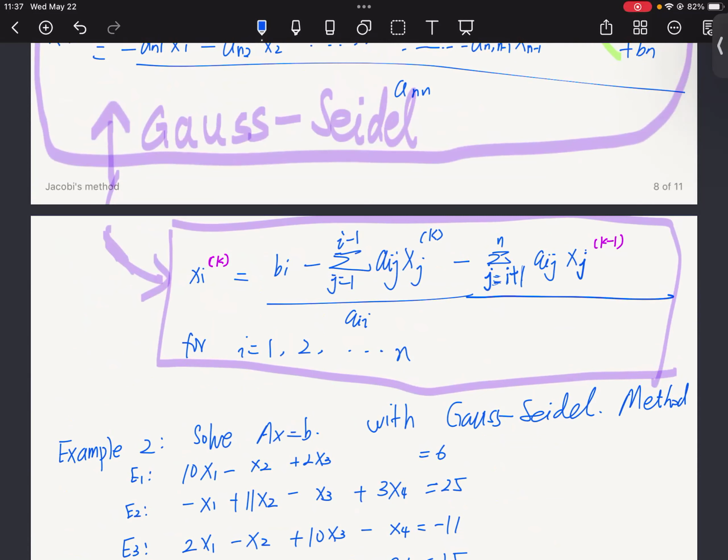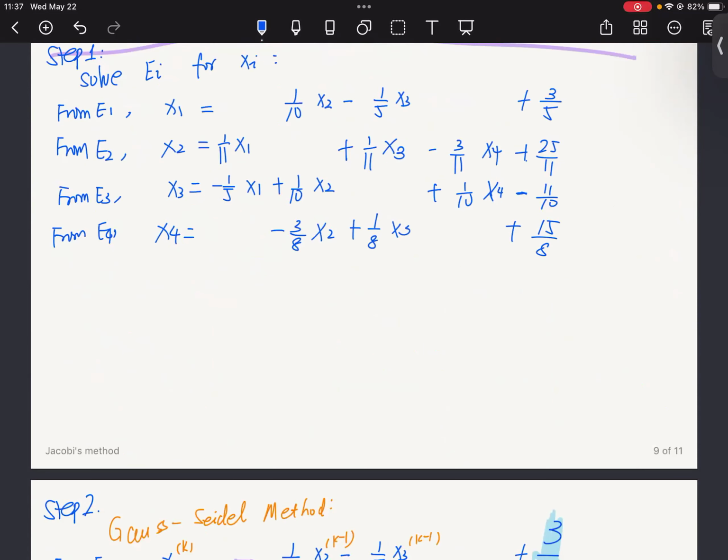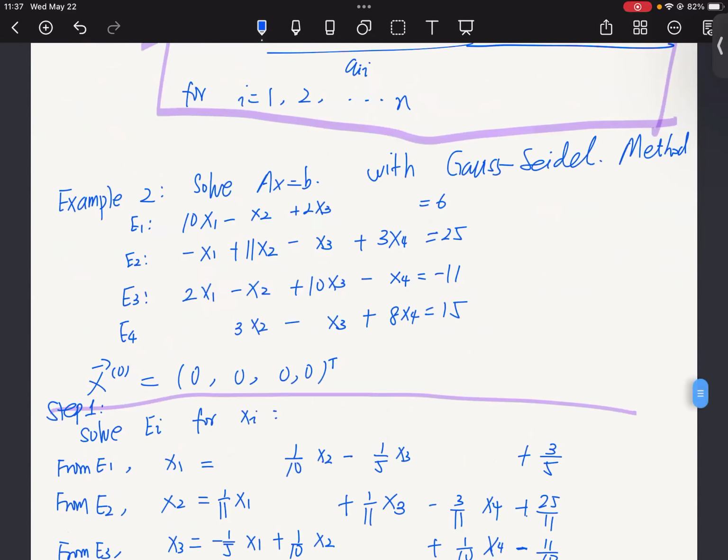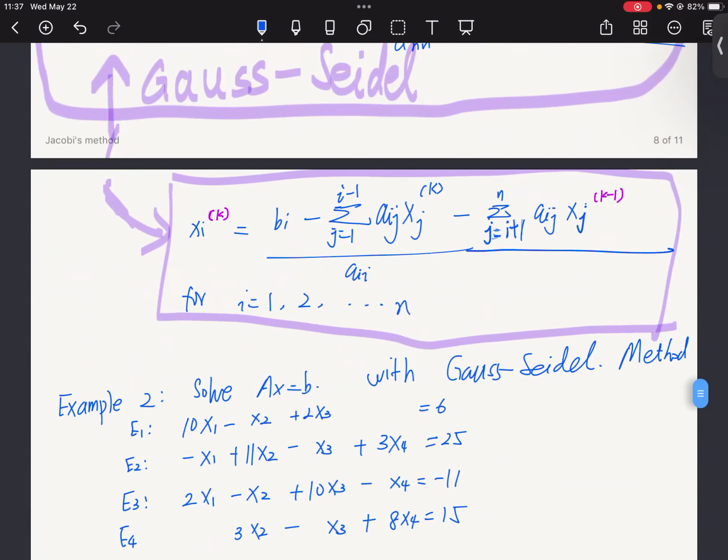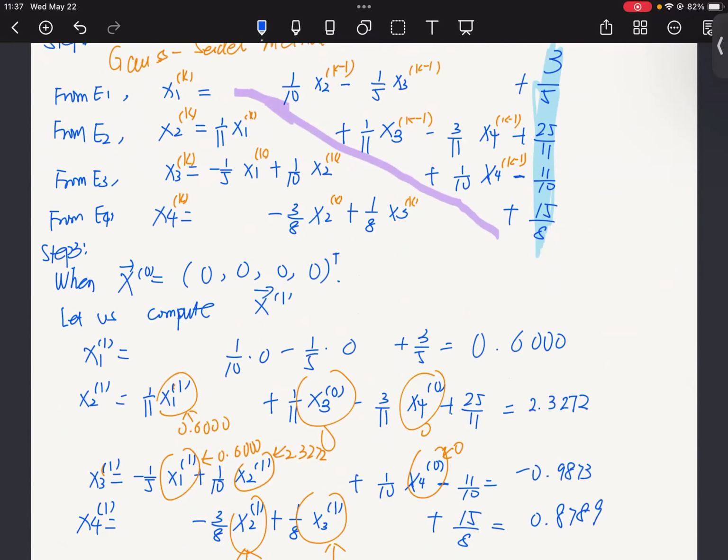For this component-wise formula, the x_i^k on the right-hand side are from the lower left part coefficients. That is the L coefficients there.